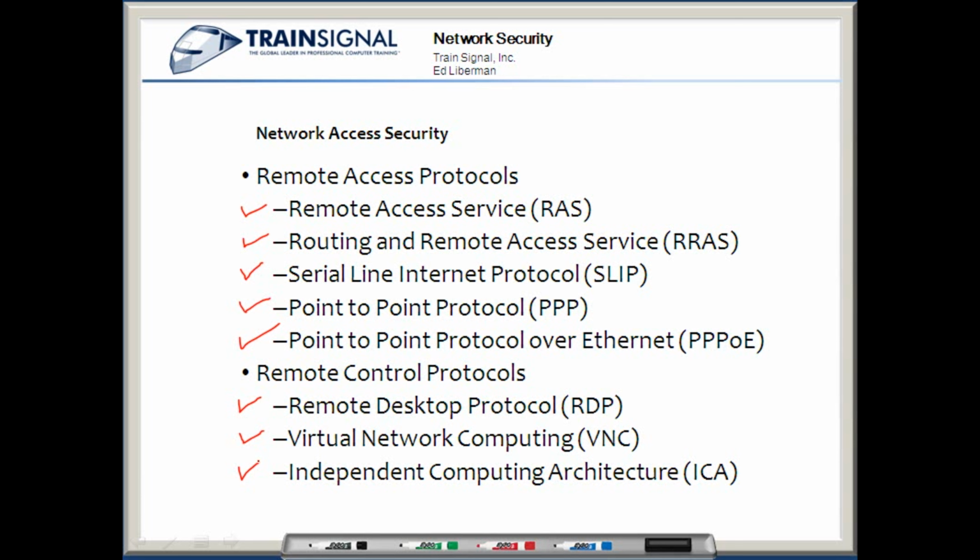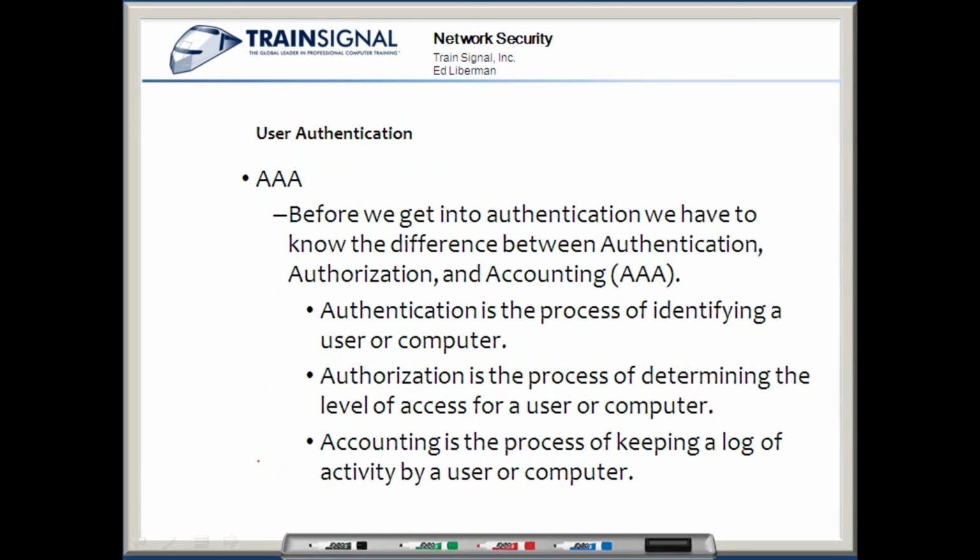So what you do is you go ahead and via one of these remote control protocols, you connect to that server, and what comes up on your screen is the actual desktop of the server. And as you start moving the mouse, you're moving the mouse on the server. As you click to open things, you're opening things on the server. So that's what our remote control protocols are used for.